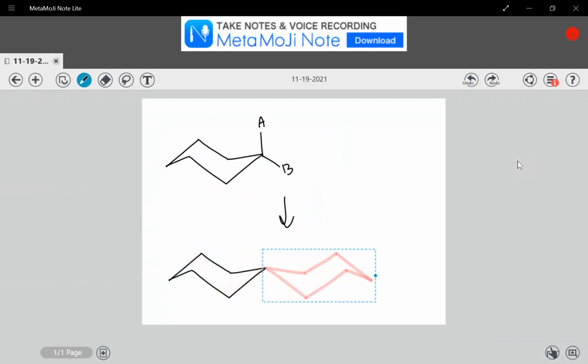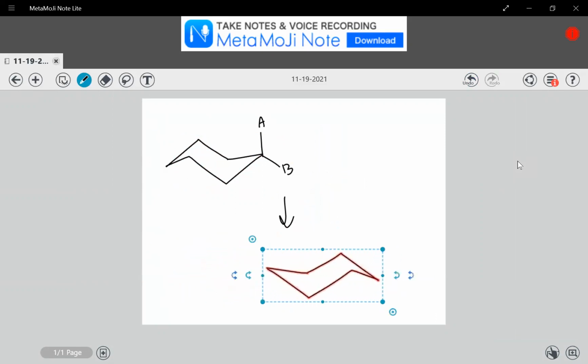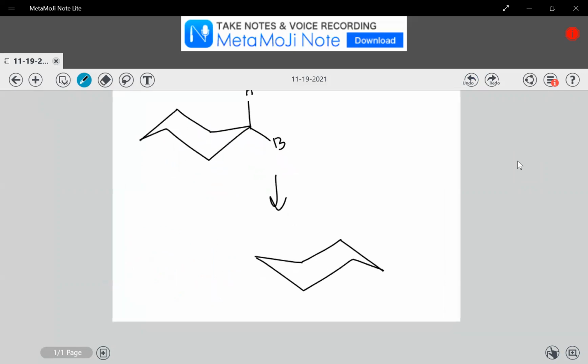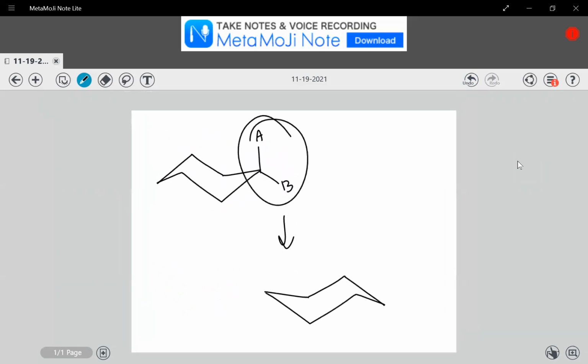There we go. We flip it. Do you see now how they are flipped? They are symmetrical to each other. Just bring this one down. They're symmetrical to each other. Yeah, they're flipped. And what happens is that these substituents all move up a carbon. So they are now going to be right here. Hope you guys visualize that.